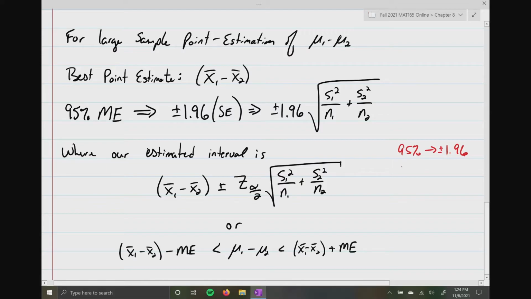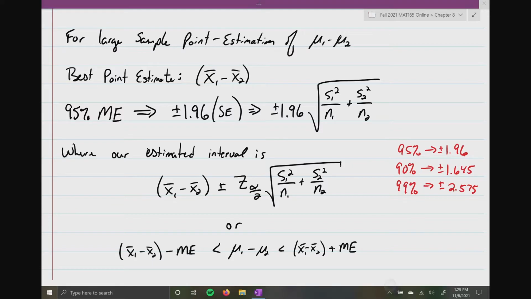If it's 90%, you're going to use plus or minus 1.645. If it's 99%, you're going to use plus or minus 2.575. And if it's anything other than that, you're going to have to use your normal distribution table of z-scores and figure it out.